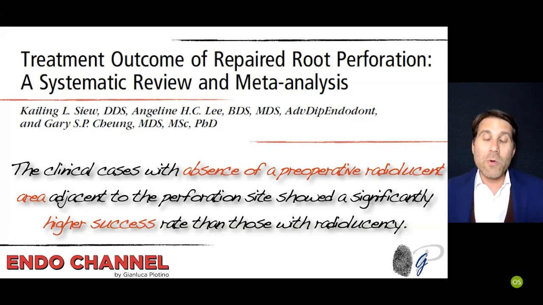And of course, if we have a radiolucent area nearby the perforation, it is for sure caused by the presence of a bacterial infection, and so this will reduce our prognosis. If we have a perforation without any sign of periradicular problems or periradicular lesion, probably we have a non-infected perforation that can have a higher success rate.